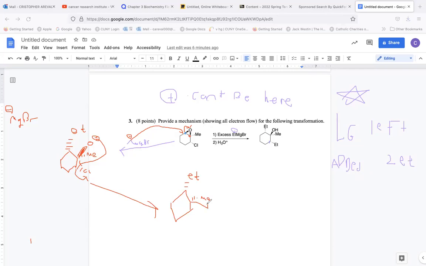And once again, okay, now we need to think, right? What could be the next step? Remember when it says excess, that means that there's a lot of that. So okay, we could use that again, like we did up here, we're going to do down here.